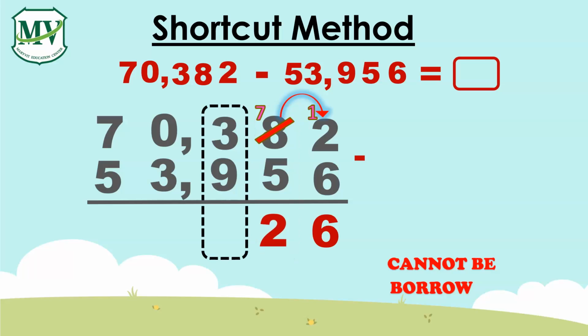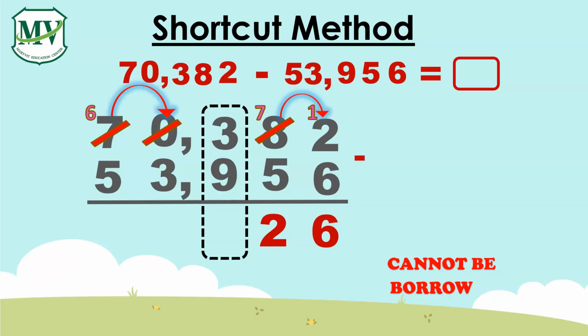Step 3. Subtract the hundreds. 3 minus 9 cannot be. We need to borrow from the next place, thousands. 0 has no value, so we go to the next place, 10,000s. 7 becomes 6.